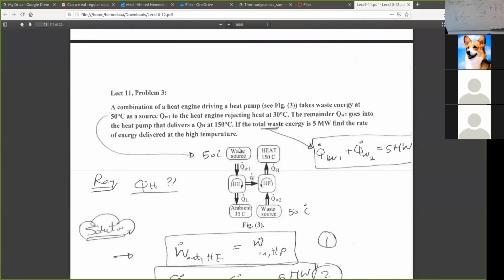The total waste energy was 5 megawatt, while the temperatures everywhere were given. Temperature here, temperature there. So this is T low of heat engine. This is T high of heat engine. This is T low of heat pump. This is T high of heat pump. So this is heat pump. This is heat engine. Okay, guys?